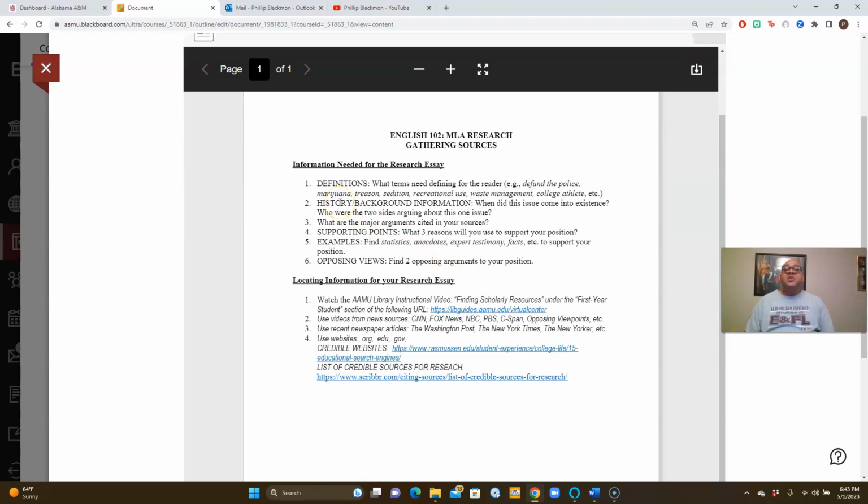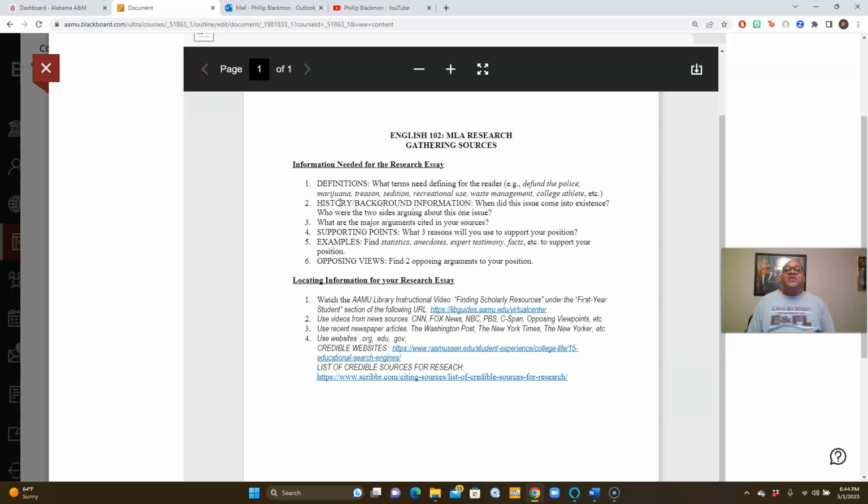One of the paragraphs in your paper will have to do with definition, right? In other words, there are terms that you're going to run across in your research that will have to be defined for the reader in order for the reader to understand what it is specifically you are talking about in the paper.